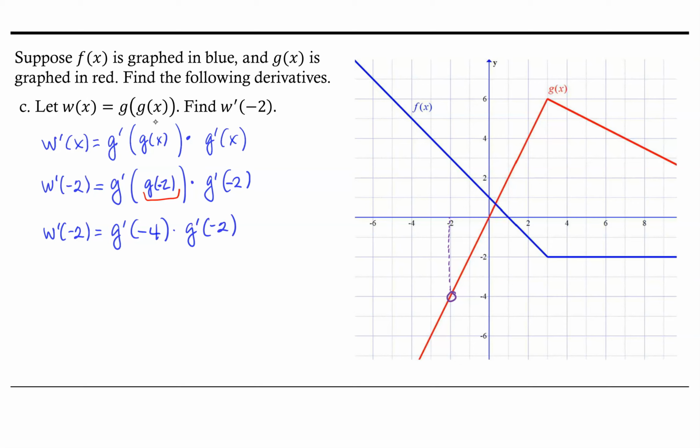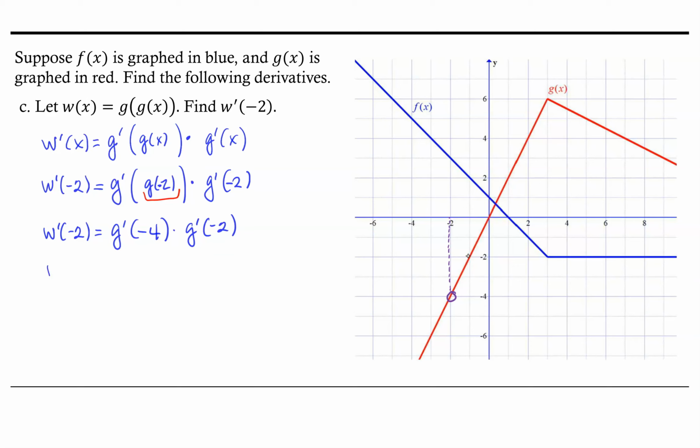So now let's think about the slope of the function g, this function in red. Notice that both x equals -4 and x equals -2 are on the same part of g, on the same line. So they will actually have the same slope. And so what is that slope? Well, that slope we found earlier was a vertical change of +2 with a horizontal change of +1.